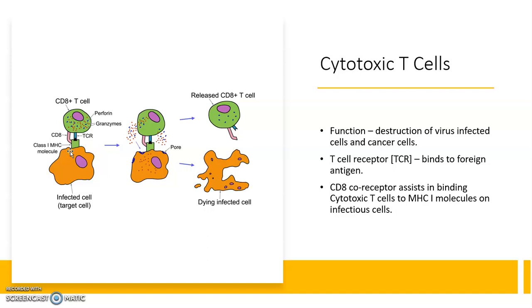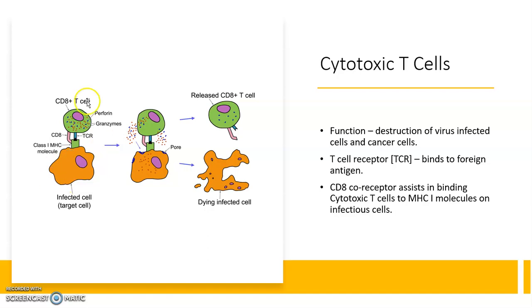And normally, MHC class I receptor on a cell is empty. There's nothing in it. However, when you become infected with a virus, a small portion of that virus is going to be placed in the MHC class I receptor as foreign antigen.